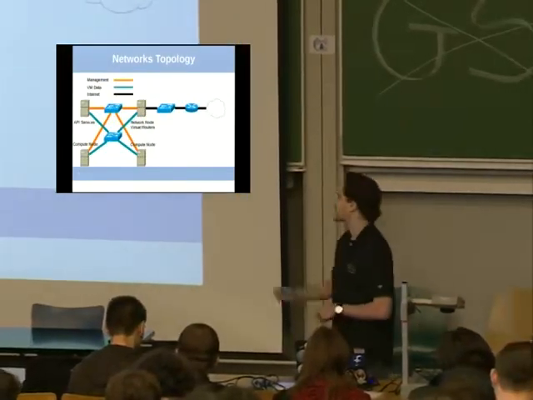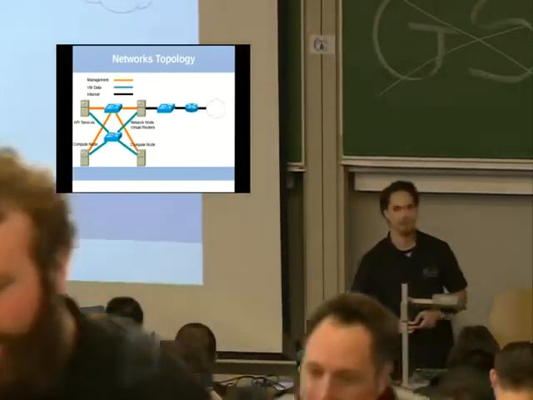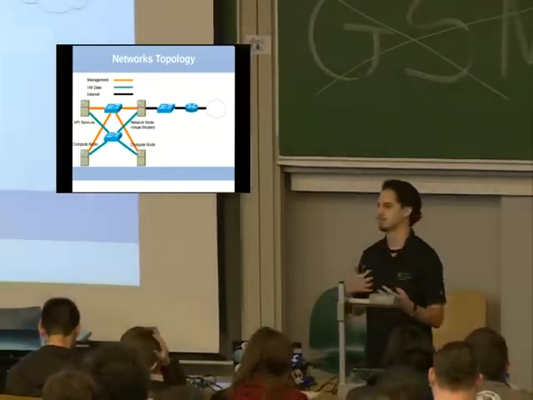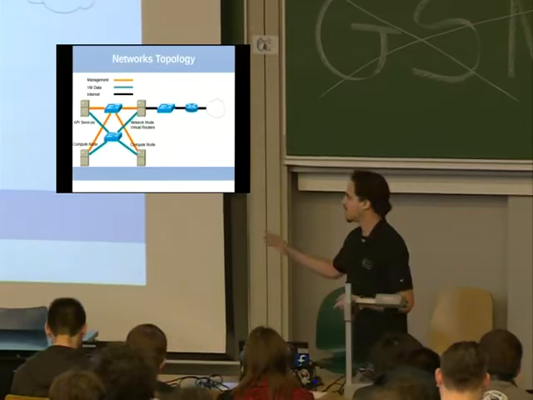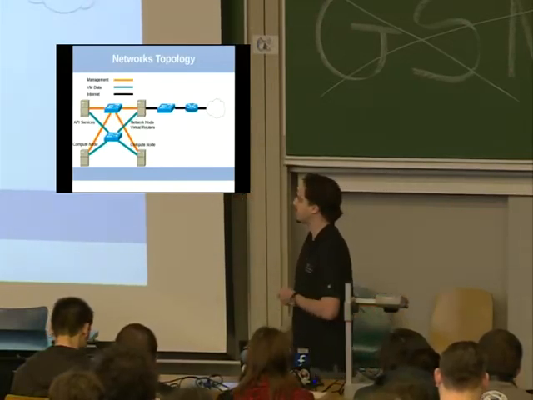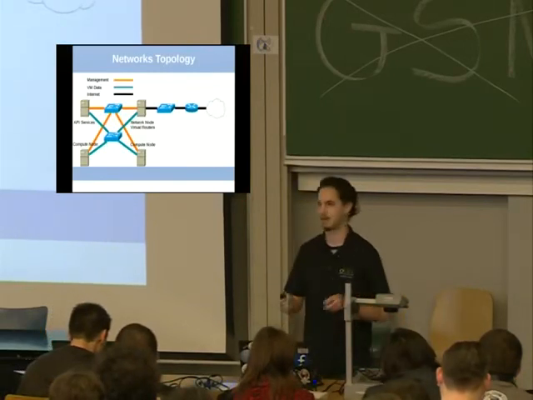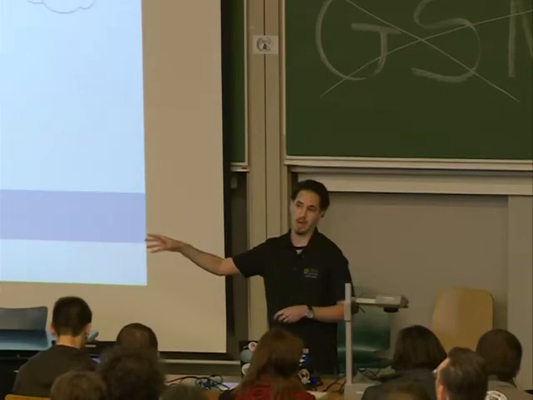So this is kind of a normal proof of concept, or a small-scale networking deployment. As you can see, we have two different physical networks. The orange-ish stuff, that's for the management traffic. That's for just telling a compute node that it should bring up a new VM. Stuff like that. That's for management traffic. And then we've got another physical network just for VM traffic, just for VMs talking to each other and talking to outside of the cloud, right?